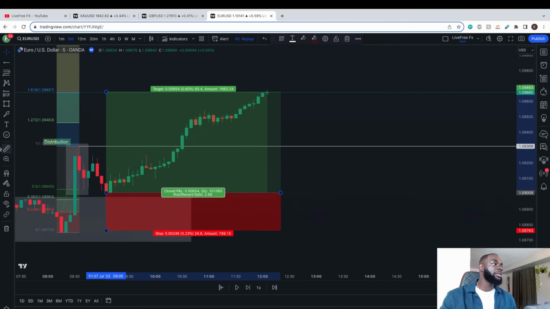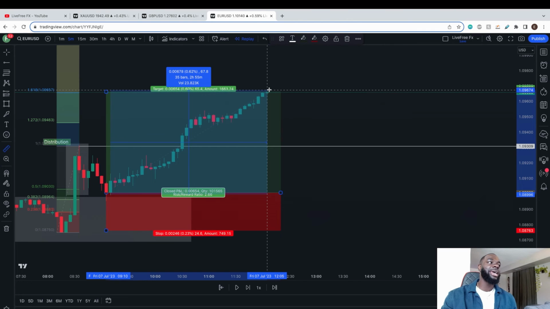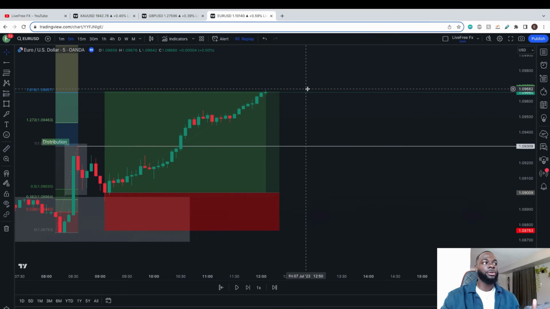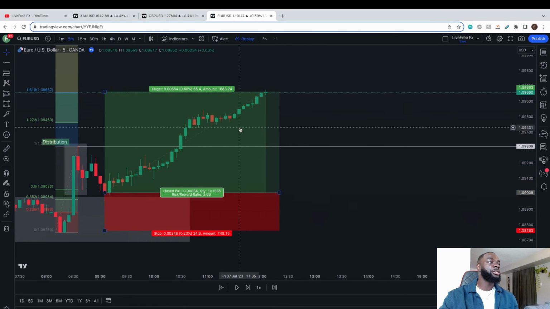Within the next couple of hours, EUR/USD made 68, 70 pips of profit, which is pretty big when it comes to trading Euro dollar. With gold, you can get that in like 30 minutes, 20 minutes, but with pairs like Euro dollar and Japanese yen, you have to factor in your daily average range. For Euro, being able to get 70 pips in 2-3 hours is pretty significant.